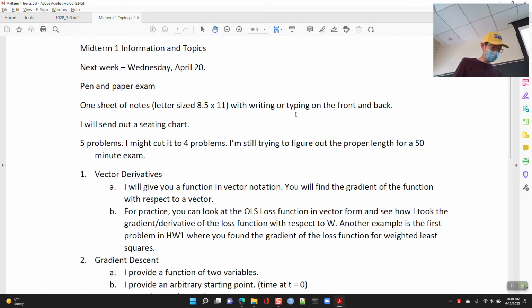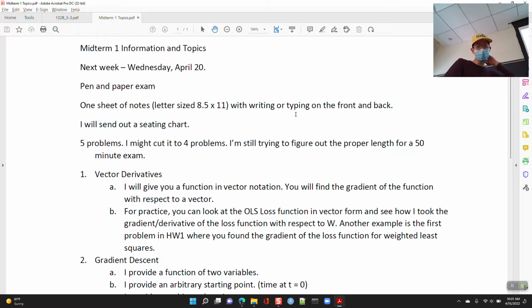I might make a few changes, but the hard thing is figuring out how long to make the test. You have 50 minutes to write down your answers, so I have to figure out the appropriate amount of stuff to put on. I think this can be done in 50 minutes, but I'll look it over and try to think it through.